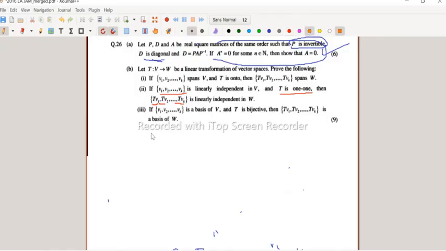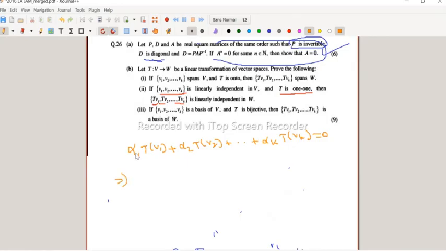Then how to prove this one? Suppose we take the linear combination of this T V1, T V2. Suppose alpha 1 T of V1 plus alpha 2 T of V2 plus etc. plus alpha k T of Vk equal to 0. Suppose if we take the vector equation, what we have to prove? We have to prove that alpha 1, alpha 2, alpha k are 0.